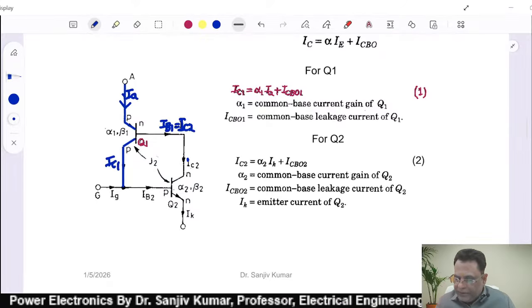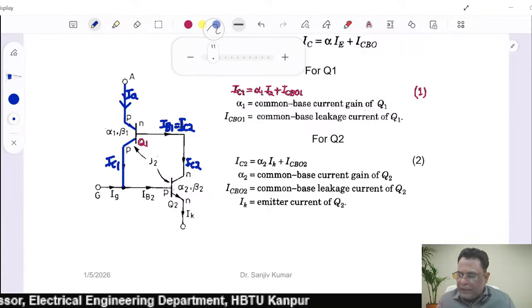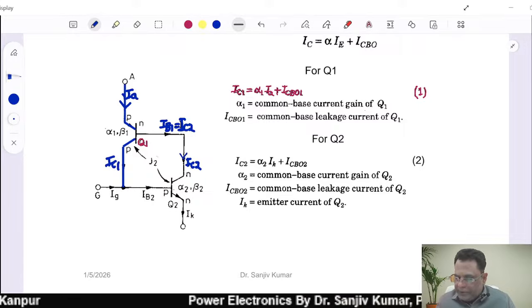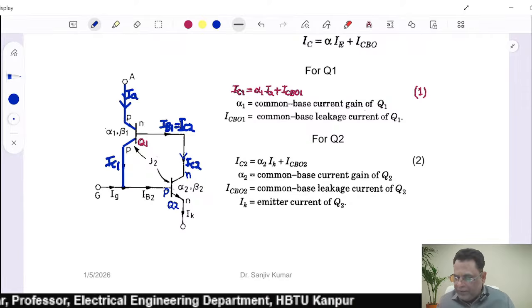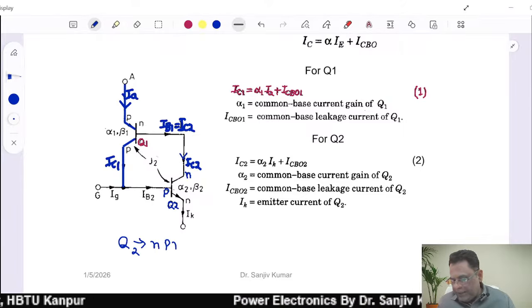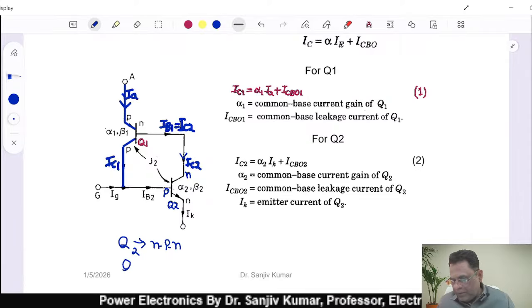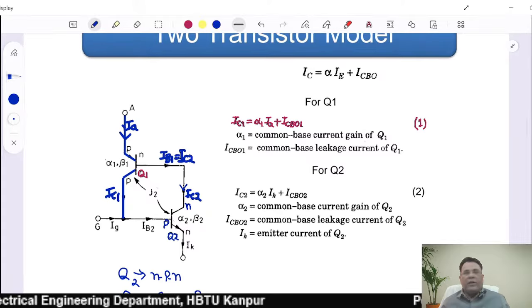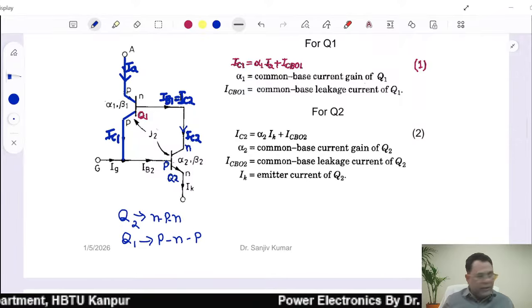Similarly, this is your IC2, because this is NPN type, whereas this is transistor Q2, and Q1 is PNP, right? It is like this.